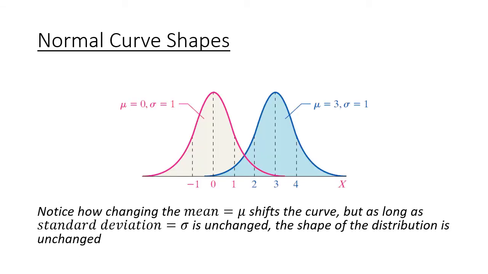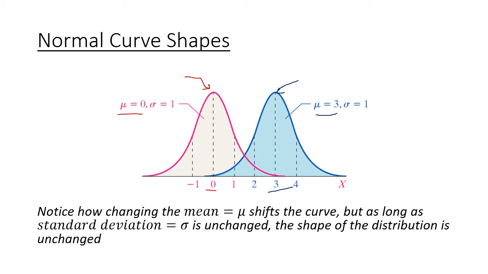Now, before we actually see that in practice, just a few things that, again, I want to mention about the shapes here. With the shapes, the mean is going to shift where the peak is. If my mean is at 0, the peak is at 0, as with this first example. With the second example, my peak here is at 3, and my mean is at 3.